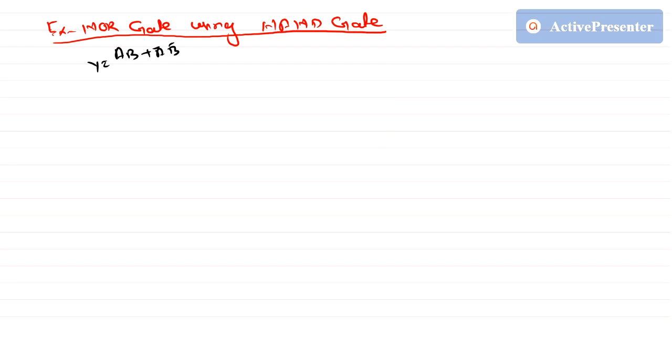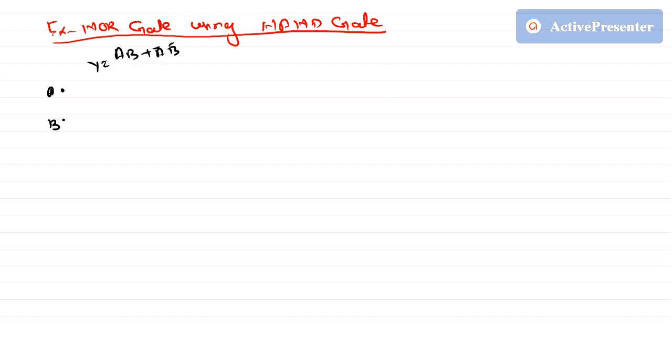Now see what our goal is. We have to get AB, then we have to get A bar B bar, then we have to add them with an OR gate. I will take A here and B here. First we have to get AB, and we already have AB. And we need A bar B bar.